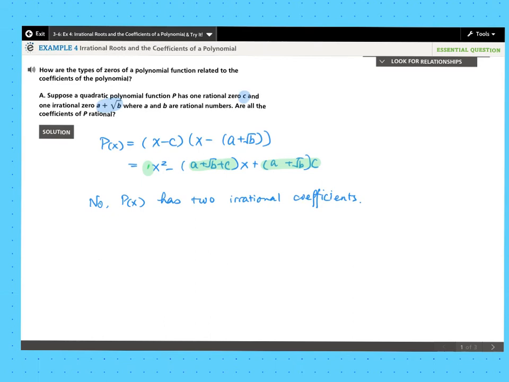I think in your textbook there is another part of the same example that's asking about a quadratic polynomial function with 2 irrational zeros, and obviously they're conjugates, a plus square root of b and a minus square root of b. Are all the coefficients of that quadratic rational?